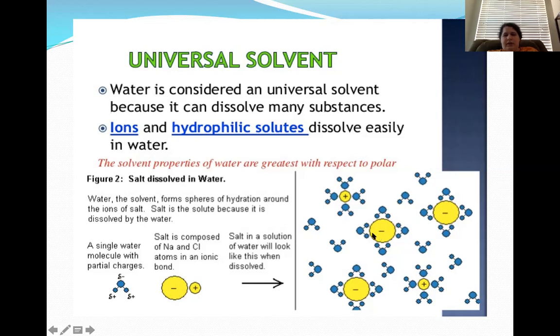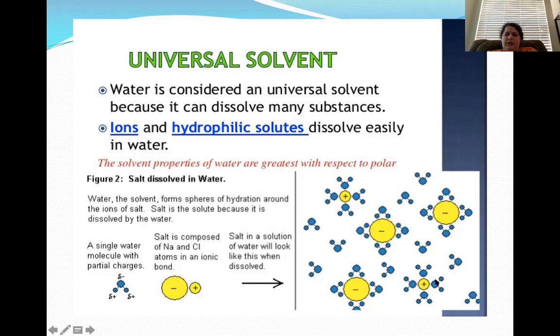So we're going to see that the negative chloride anions are going to be surrounded by the positive hydrogens. We're going to see that the positive sodium cation is surrounded by the negative oxygens. In other words, if it's negative, it's going to attract the positives.